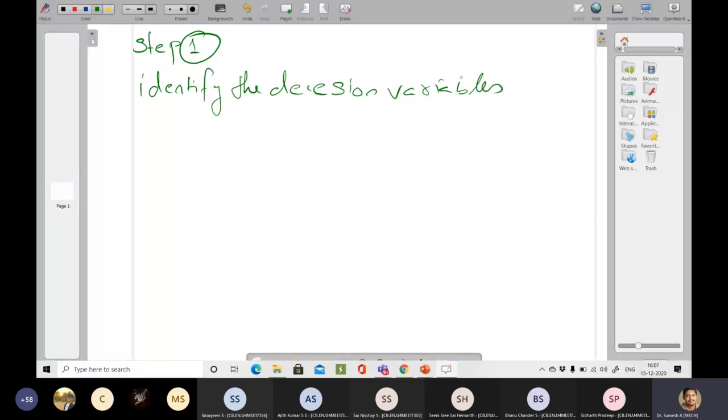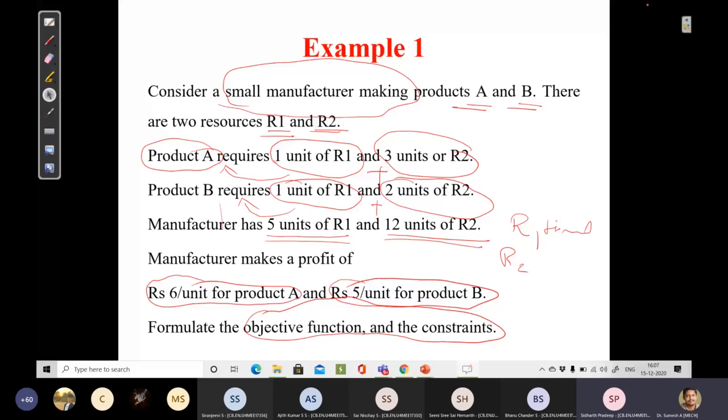What are the decision variables given in the problem? R1 and R2? No. Then X1 and X2, the number of products. Yeah, exactly. So the decision variables here are the number of products of product A and the number of products of product B to be manufactured.